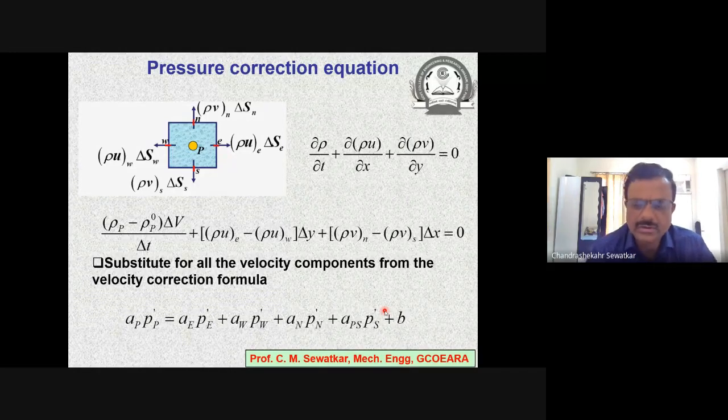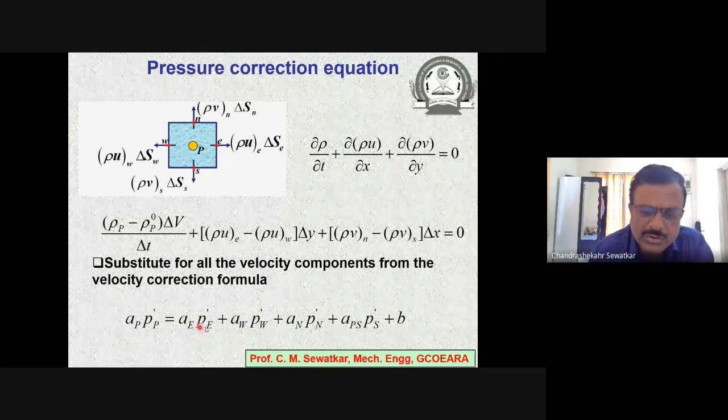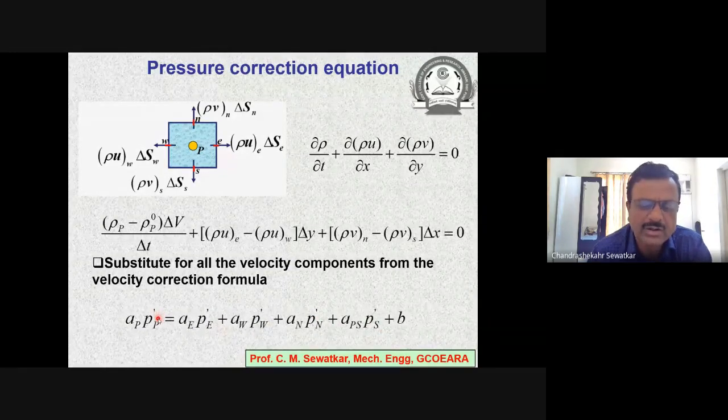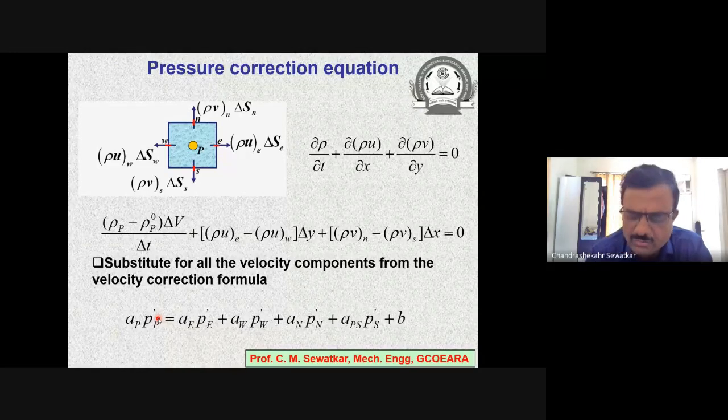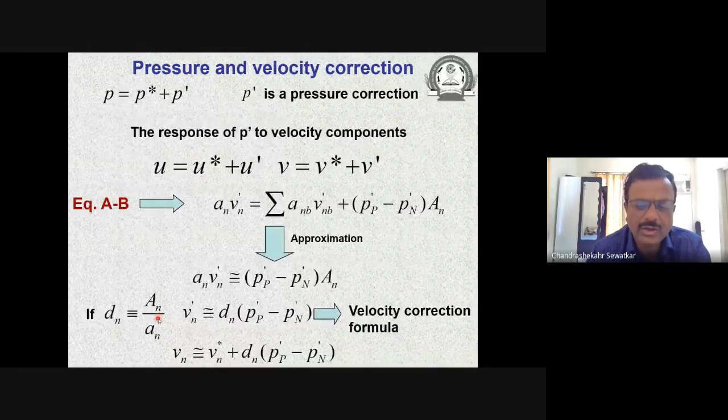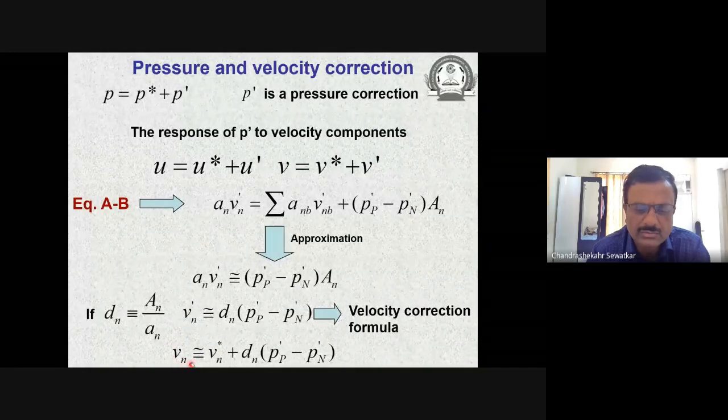In order to solve this equation for PP prime, the pressure correction, you need boundary conditions for pressure correction also. So by using this equation, you can calculate the pressure correction. Once you know the pressure correction, you can calculate the velocity correction. And once you know the velocity correction, you can calculate the actual velocity.